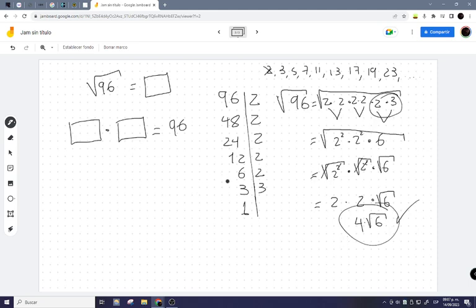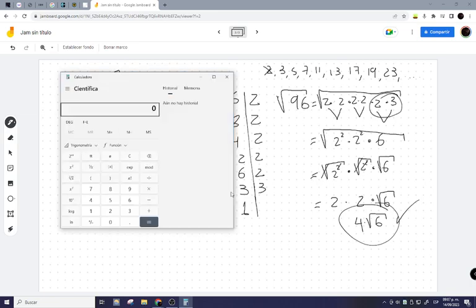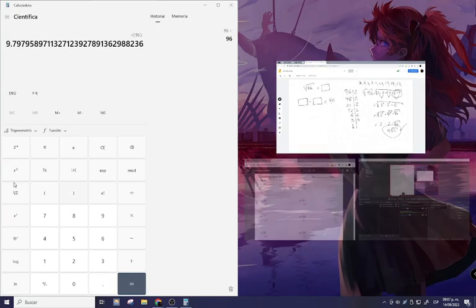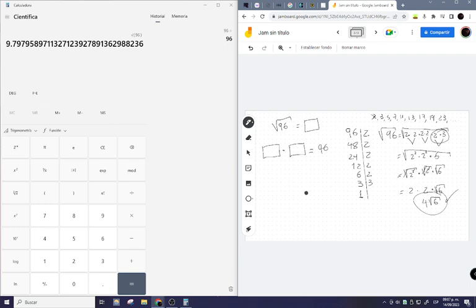Also, what we can do is expressing an approximation. Look, so you saw that the result was 9 point, or sorry, I forgot again. Let me check. 96 square root. Yeah, 9 point something. Okay, so we could say, what are the closer numbers that we know have a natural square root?